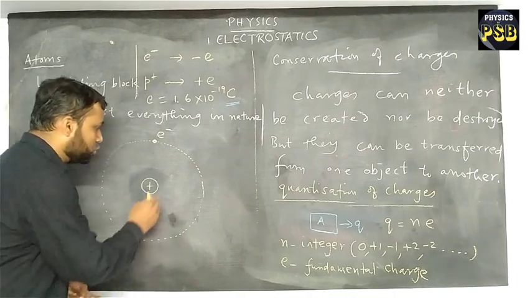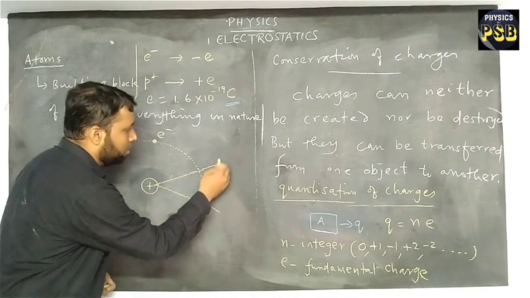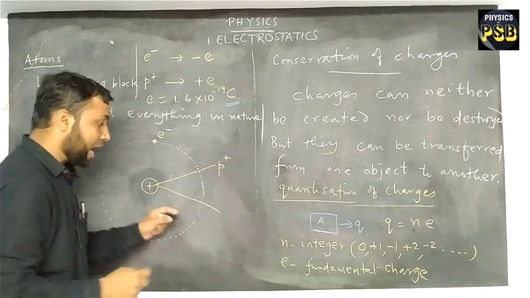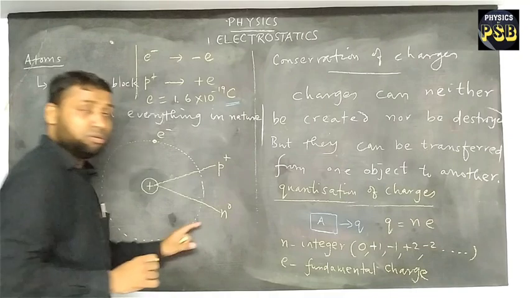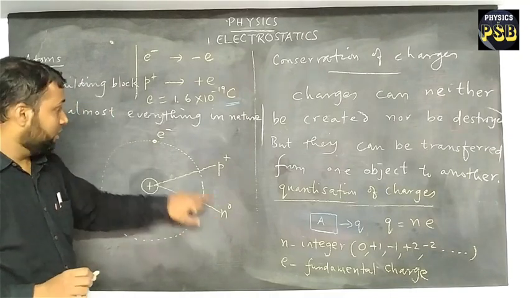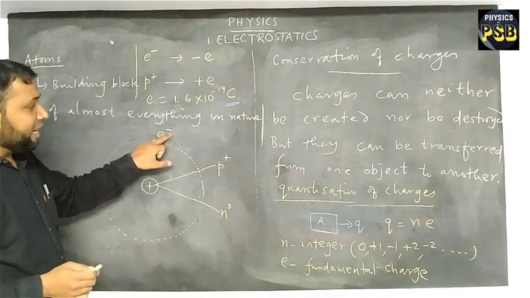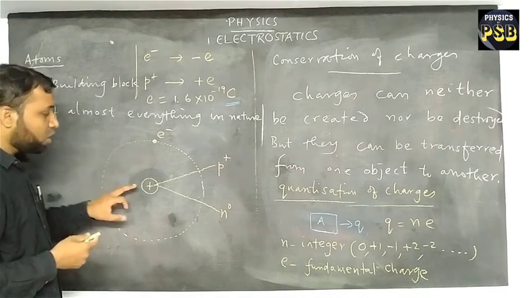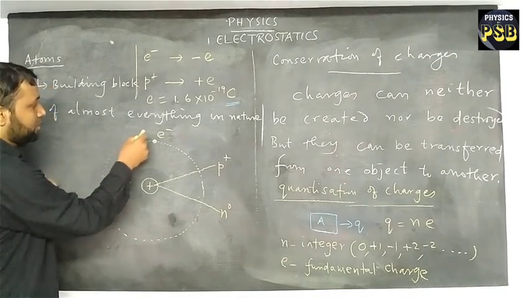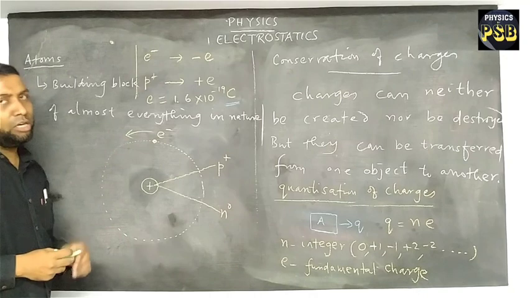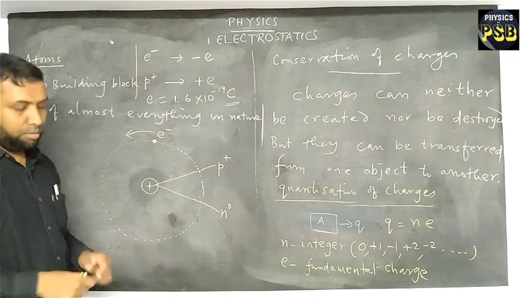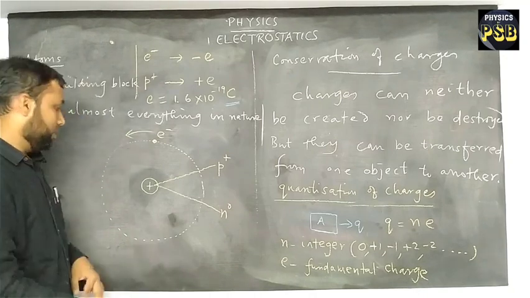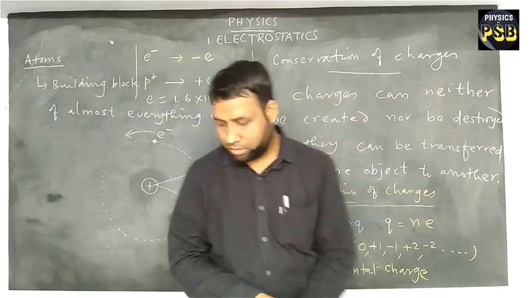This comprises protons with positive charge and neutrons which have no charge, electrically neutral. The electrons carry negative charge, and they revolve around the nucleus in orbits in anti-clockwise direction according to Bohr's atomic model.